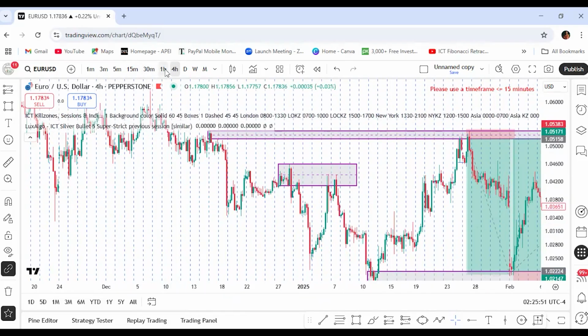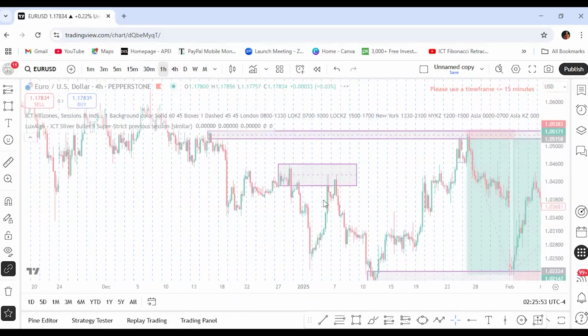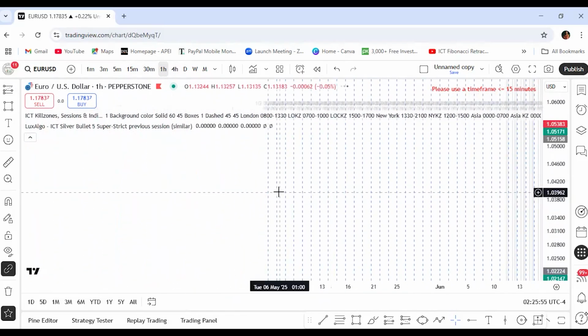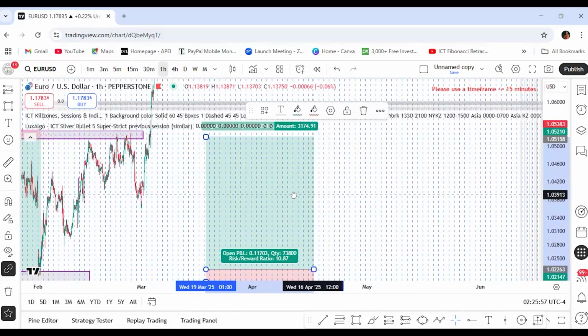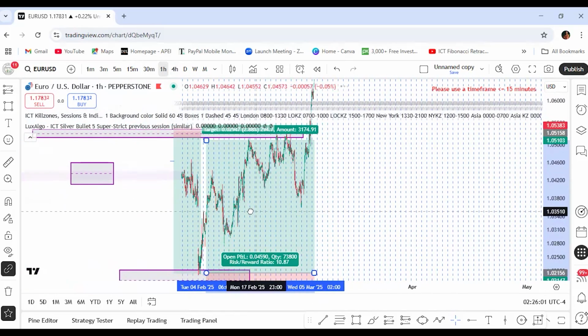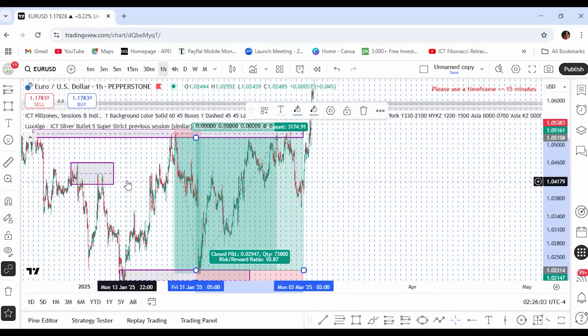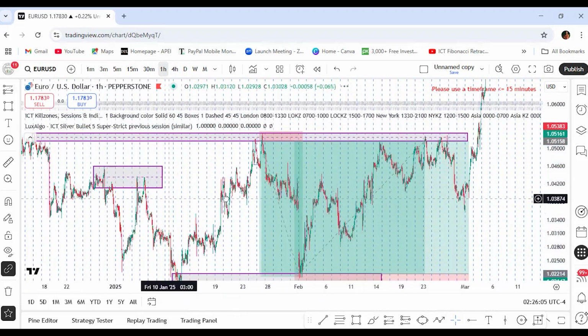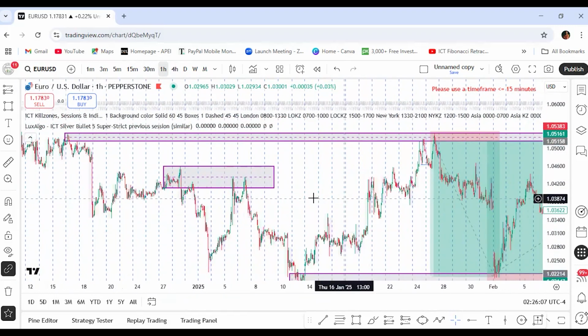Okay. So we go to the 1 hour time frame maybe to minimize the risk. So we are going there to minimize the risk, right? So you can see here, that is the 1 hour time frame.